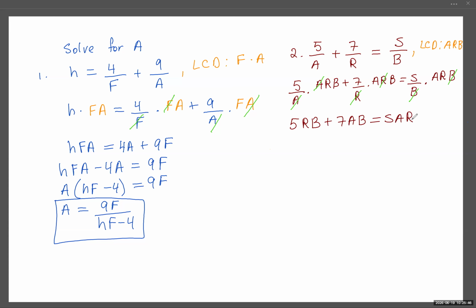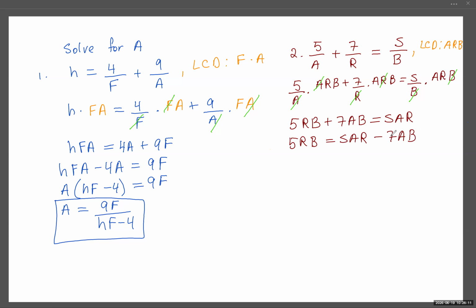Now, A's are on two different sides of the equal sign. We need to put them on one side of the equal sign. So I'm going to move the 7AB to the other side. So 5RB equals SAR minus 7AB. Essentially, we subtracted 7AB from both sides.